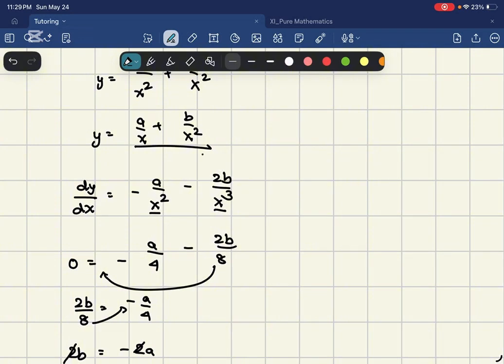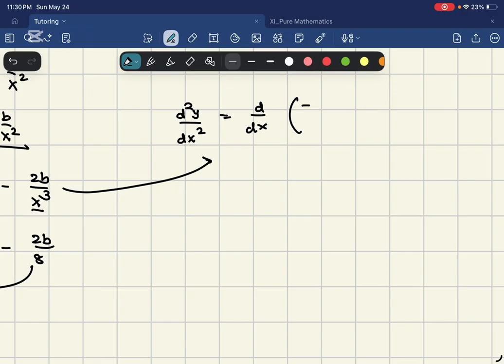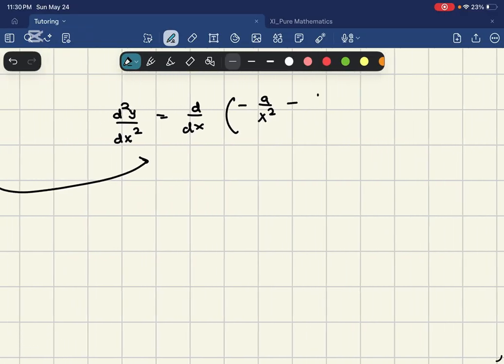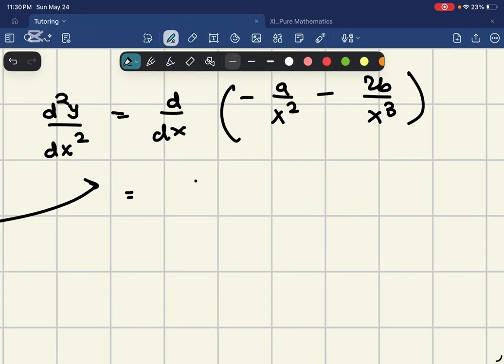But now I need to differentiate this again. d squared y by dx squared. I take this equation and I differentiate it, right? So I have minus a over x squared minus 2b over x cubed. And now I encourage you to try the differentiation on your own, but I believe you are going to get 2a over x cubed plus 6b over x to the power 4.